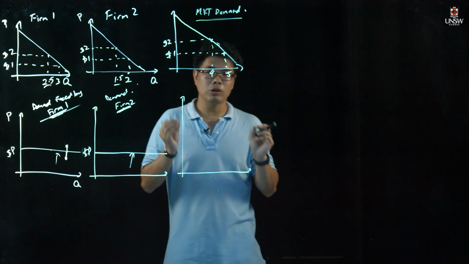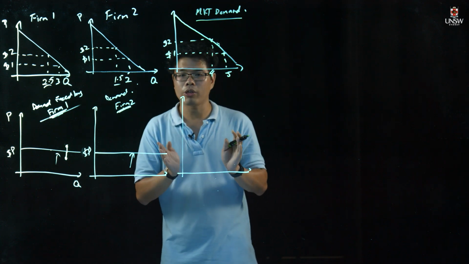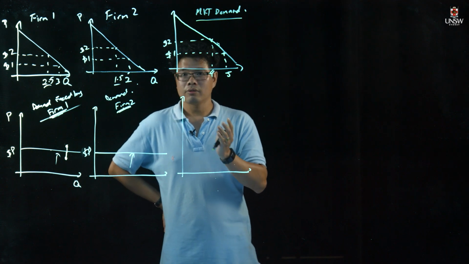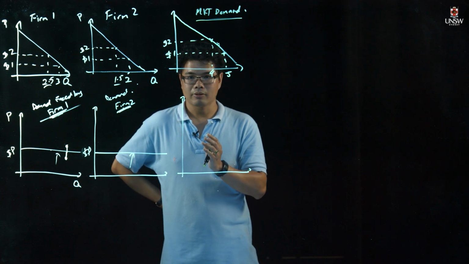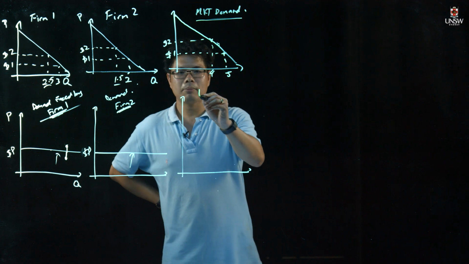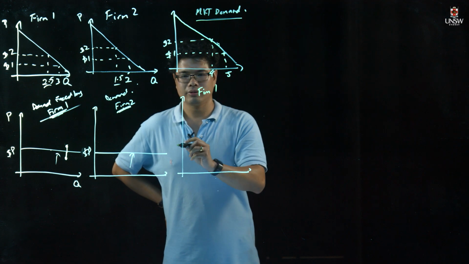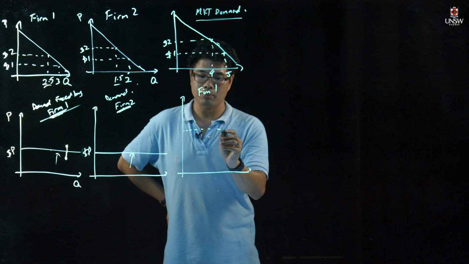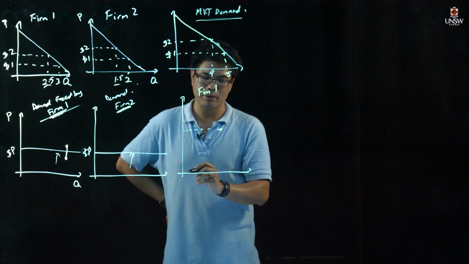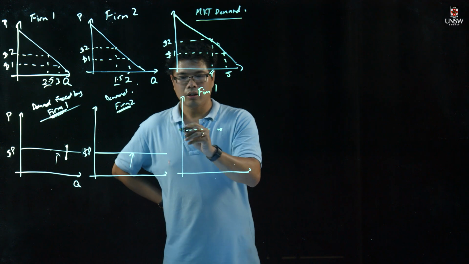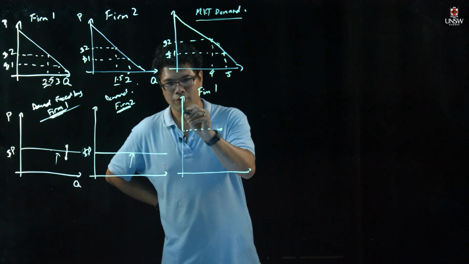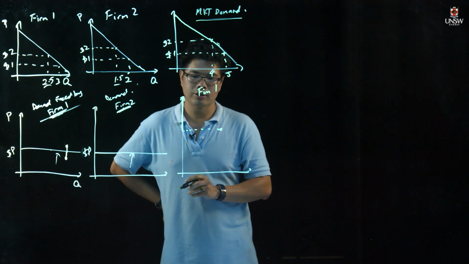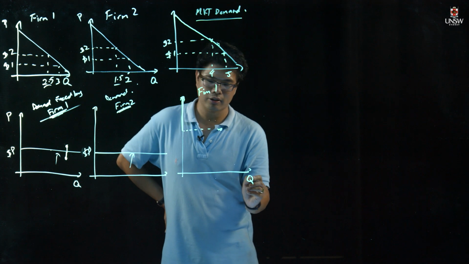If we really want to sketch this whole thing out, suppose that we're not in a market equilibrium. Let's think about firm 1. Suppose that this is the price and it's not equilibrium. What would happen? If I am priced above everyone else, what would be my demand?